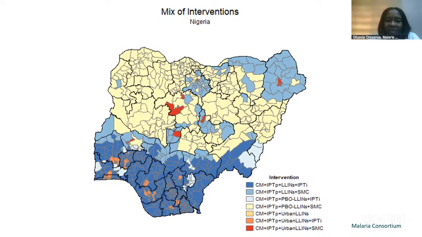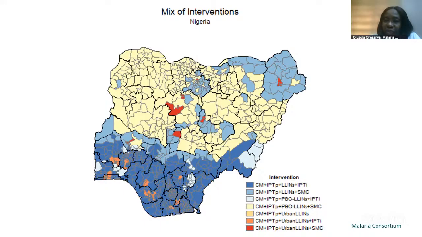In the area where you have blue, generally across the entire country, case management is an intervention that is deployed, which means anyone who comes down with fever should be tested and treated with an ACT. Intermittent preventive treatment in pregnancy is also across board, because pregnant women are everywhere and they are the most vulnerable, so they must be protected.